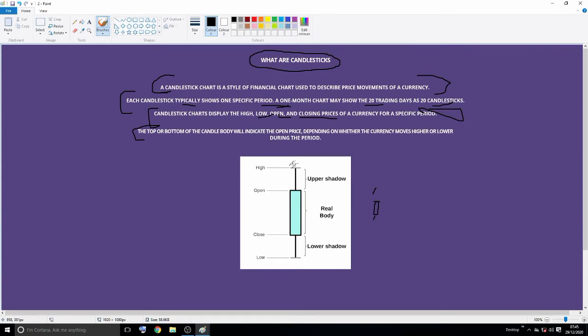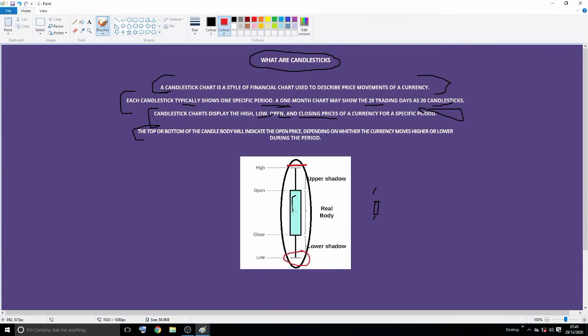So this is a candlestick, and this is the highest that it has been, and this is the lowest.